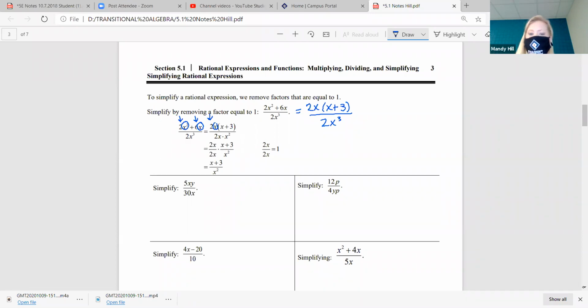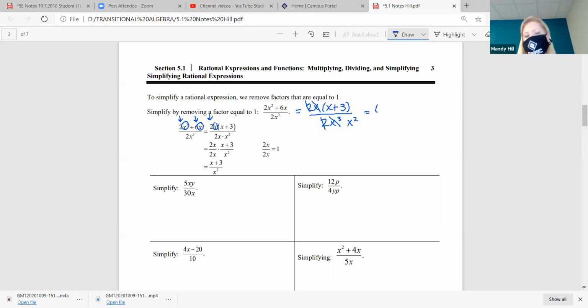But what I would have immediately done here is I would have said, look, I could cancel out a 2 and a 2. Those 2's are going to go away because that would make a 1. Okay, I've got this x right here, and I've got 3 of them down here. So if I take away 1 out of that group, I still would have an x squared left. Right, if I cancel this x out with this one, this is 1 and this is 3, I would still have an x squared left.